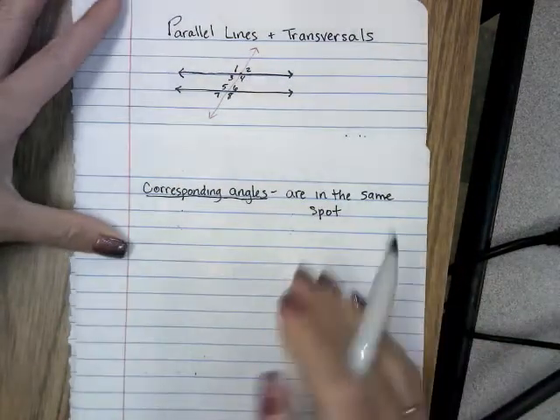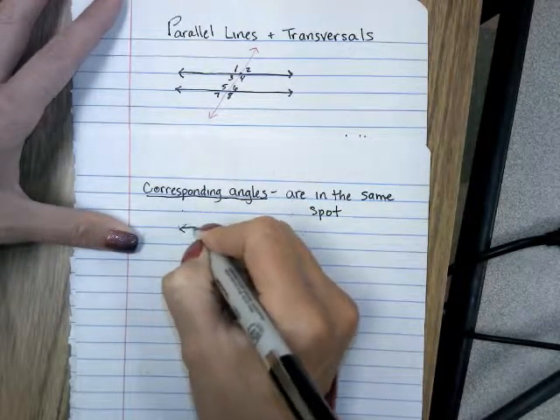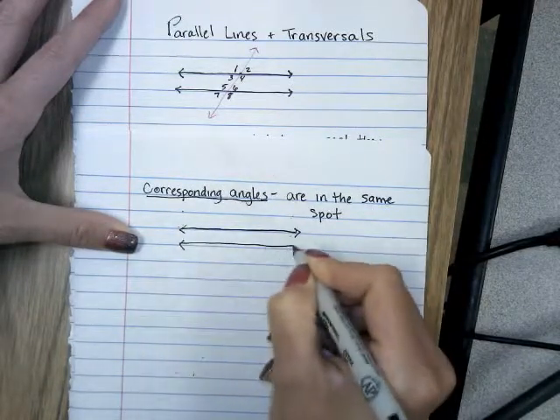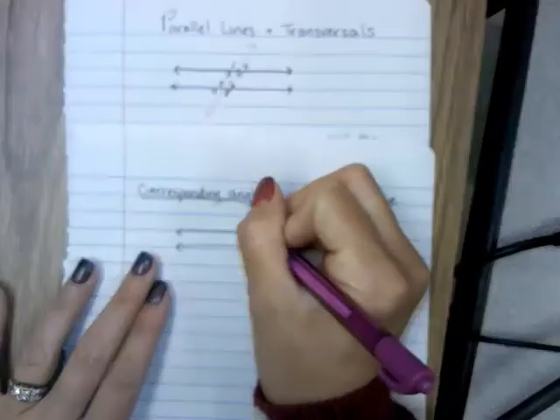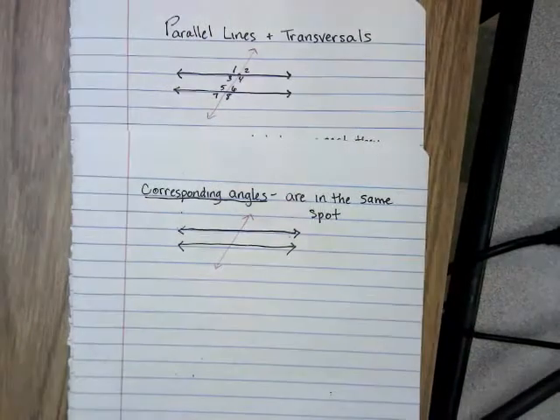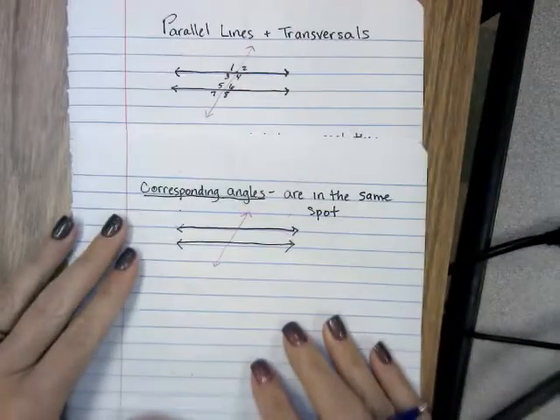If I were to look at another set of parallel lines and a transversal, just so I can draw on it, I have angles that end up being in the same place.